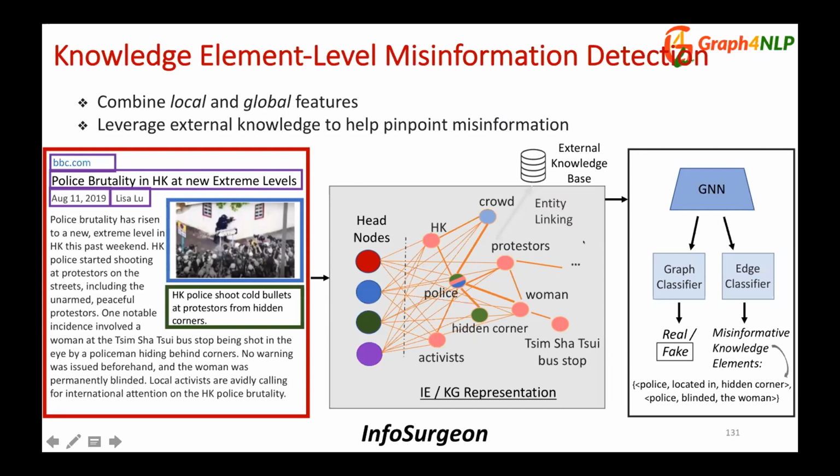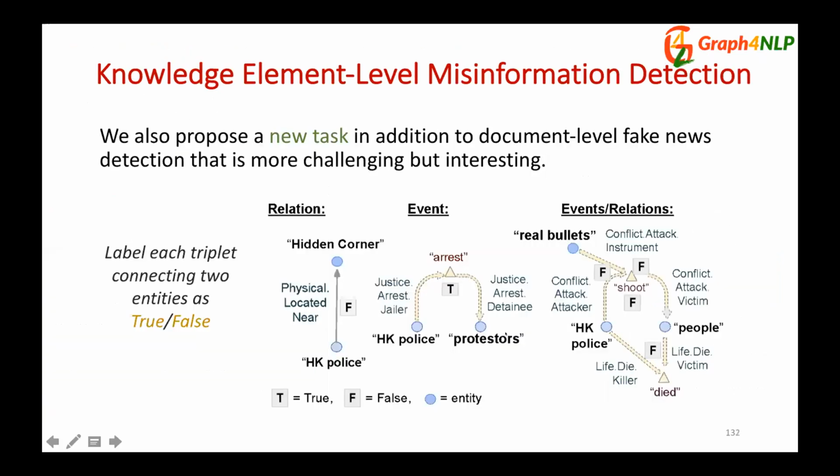So instead of working on sequence-level misinformation detection, we can first construct such a multimedia knowledge graph and then analyze every knowledge element, every triple, every node and every edge, to see if it's true or fake. In this way, we can detect fake news in a much more accurate fashion and also make it more explainable, because we can tell people which knowledge elements caused the fake information.